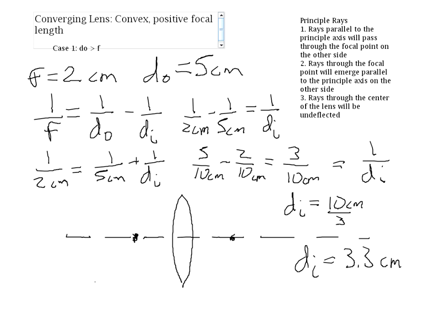Because we got a positive image distance, that means that our image is going to be real.